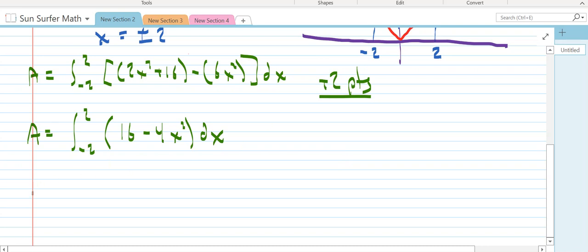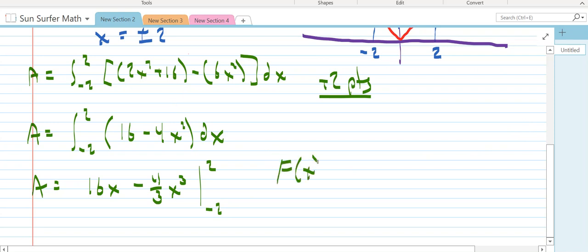So when I integrate this, the area is going to be 16x minus 4/3 x cubed evaluated from -2 to +2. Now, to use Desmos at this point, I am going to use capital F of x because in calculus, capital F of x generally means the antiderivative of a function f of x.